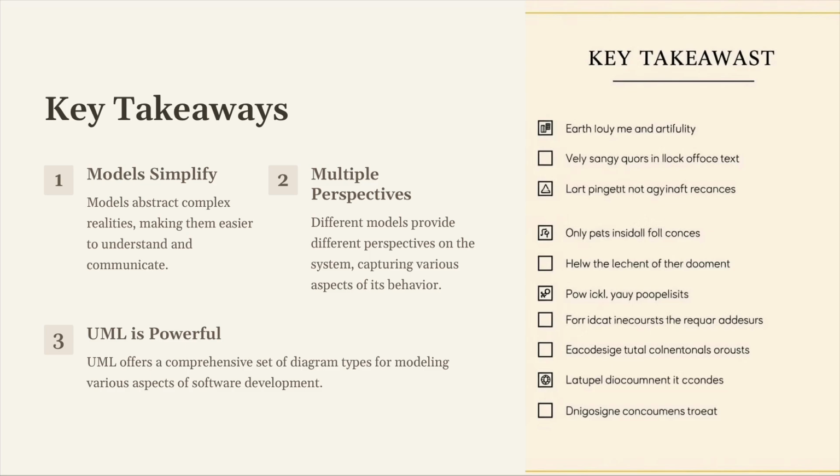By looking at a system from different angles, external or interaction, structural and behavioral, we get a complete picture. The next one is UML is a powerful tool. Unified Modeling Language provides various diagrams for modeling software, making it an essential resource for developers.